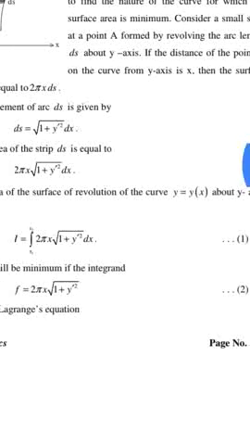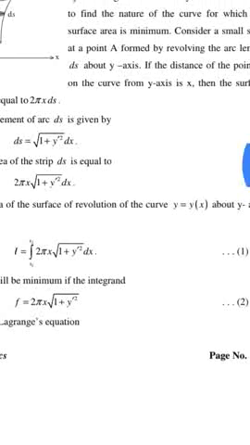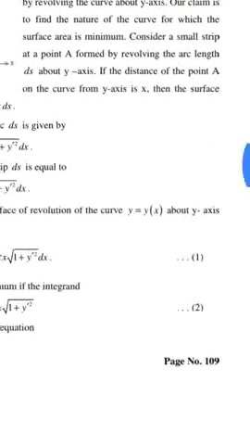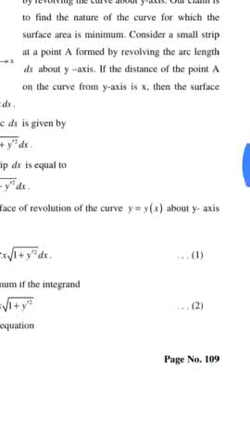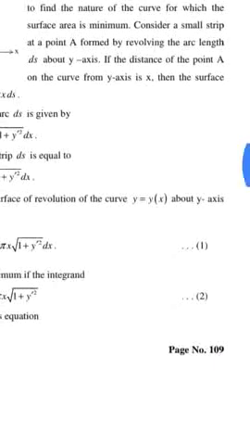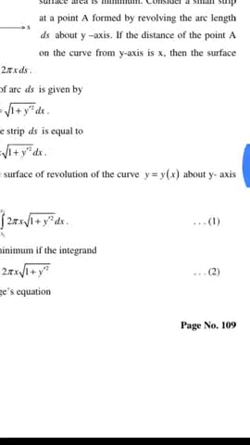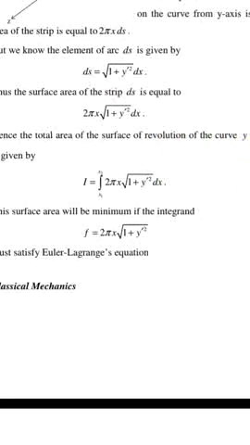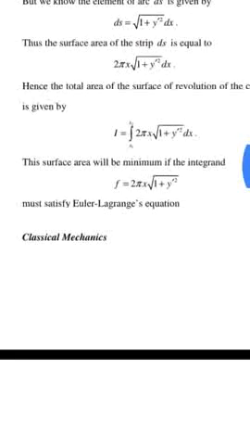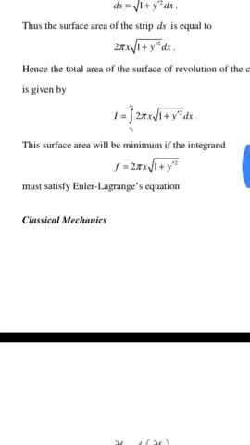Consider a small strip at a point A formed by revolving the arc length ds about the y-axis. If the distance of the point A on the curve from the y-axis is x, then the surface area of the strip is 2 pi x ds. But we know the element of arc ds is given by ds equal to square root of 1 plus y dash square dx.